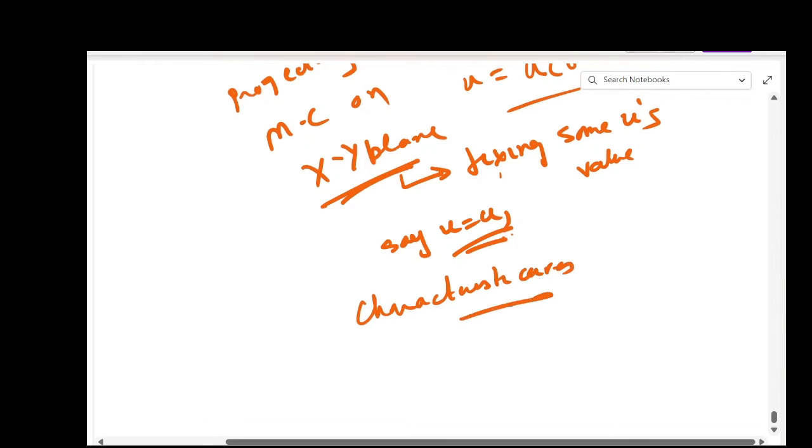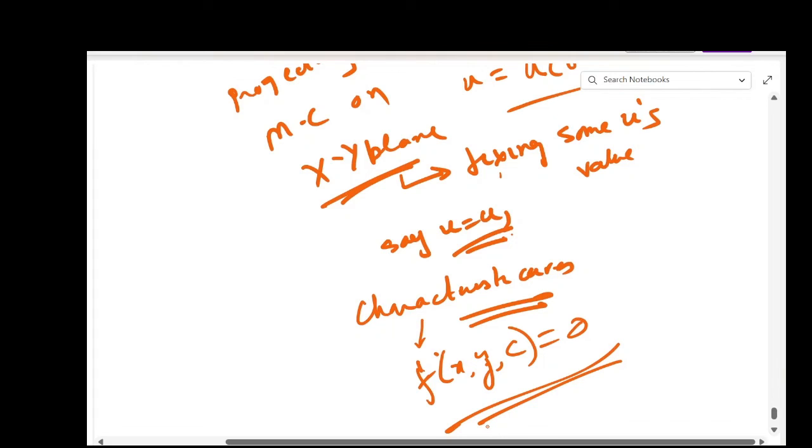Characteristic curves. This will give me the characteristic position of Monge's curve on the xy plane, the characteristic curve. Again, as we know, these characteristic curves will be xy curves. No u will be involved. That means, let me write more specifically, some function of x, y, c equals 0.